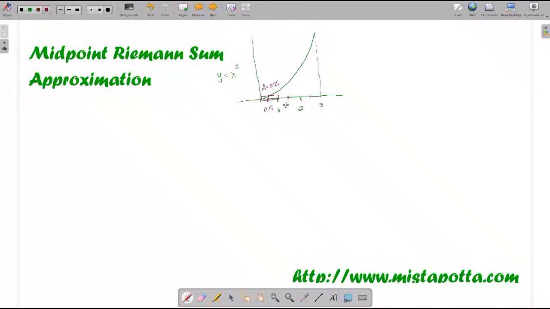When I'm at x equals 1.5, my area is going to be determined by a height where the height is 2.25, and so here my area is 2.25.